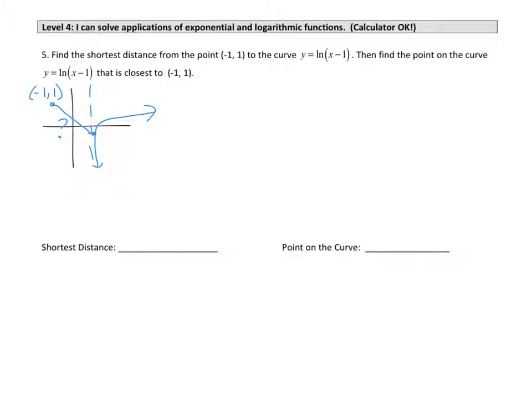And we have some mystery point on the graph that is the closest point to negative 1, 1, some x, y pair. And we are going to represent this distance using the distance formula.